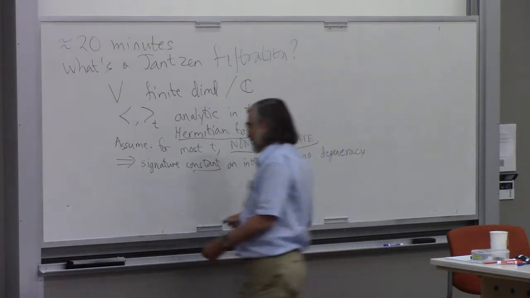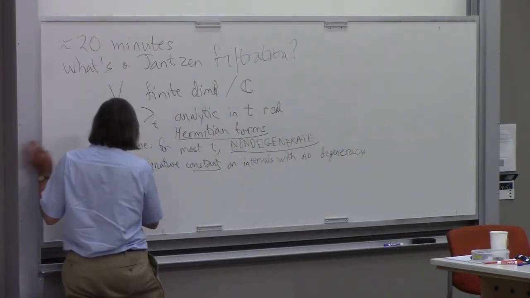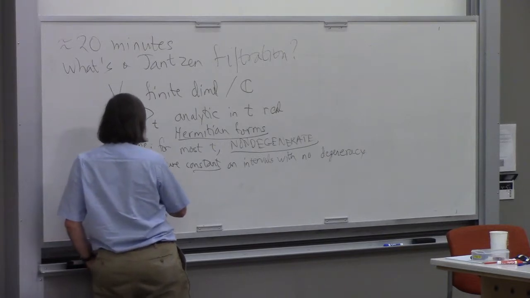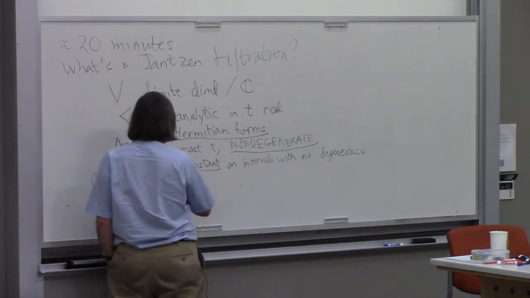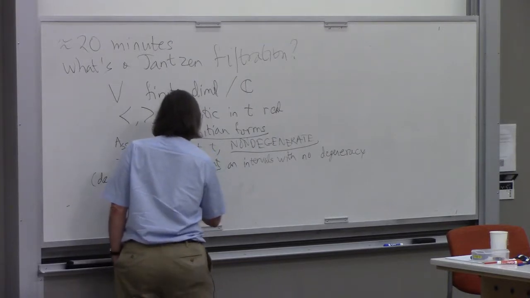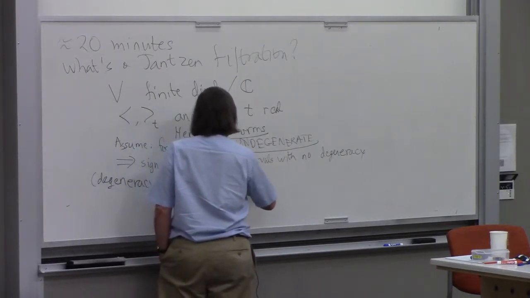I should say that these assumptions mean that degeneracy happens at a discrete set of T's.